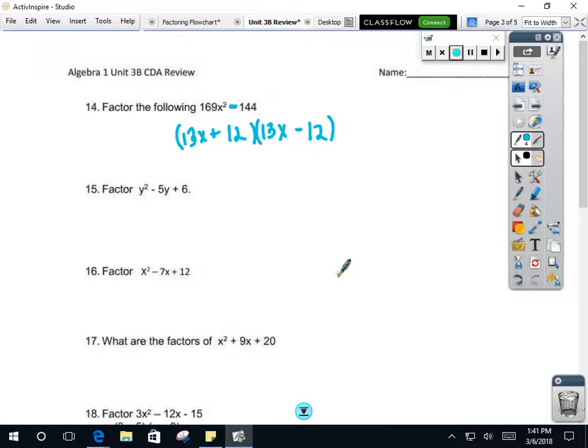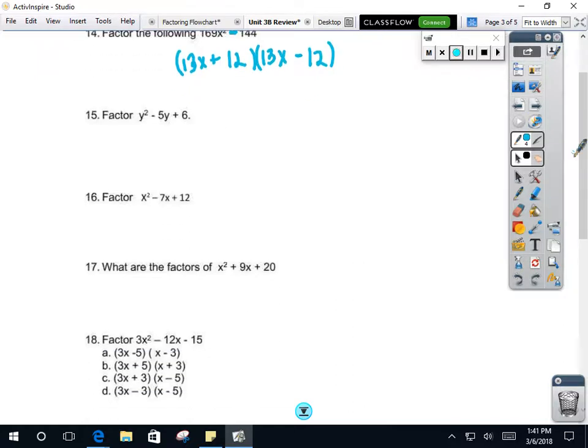All right, number 15, binomial or trinomial? Trinomial, so you go to the side of your flow chart that says factoring trinomials. What is the first thing it asks you on that side? Right, is a equal to 1 or not equal to 1? It is. There's an understood 1 out front in the a place. So if a equals 1, it tells you to use the bubble method, which is where you look for 2 numbers, and those 2 numbers have to multiply to equal your c value and add to equal your b value, which is negative 5.